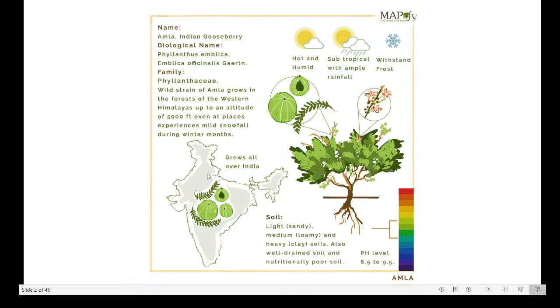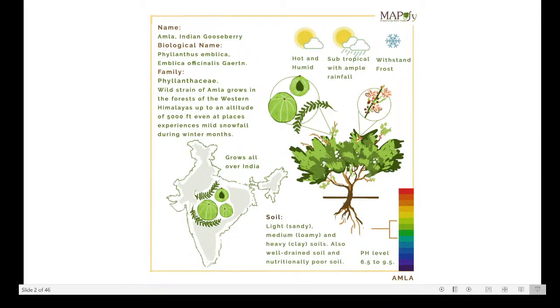This Phyllanthus is favorable for hot and humid conditions, and it also withstands frost conditions. Particularly in North India, they are cultivating this plant as a business.